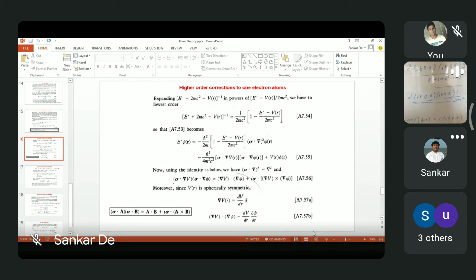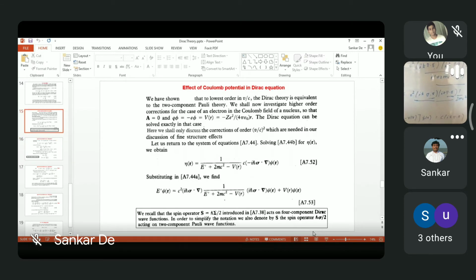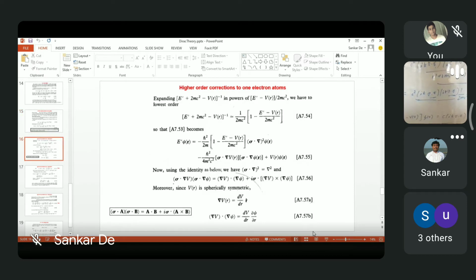Sir, in the next equation, has he used the same form as A755? I mean, 1 minus e prime minus vr by 2mc square in the forward. In the next equation after A755, has he used the same way, that 1 minus e prime minus vr by 2mc square?